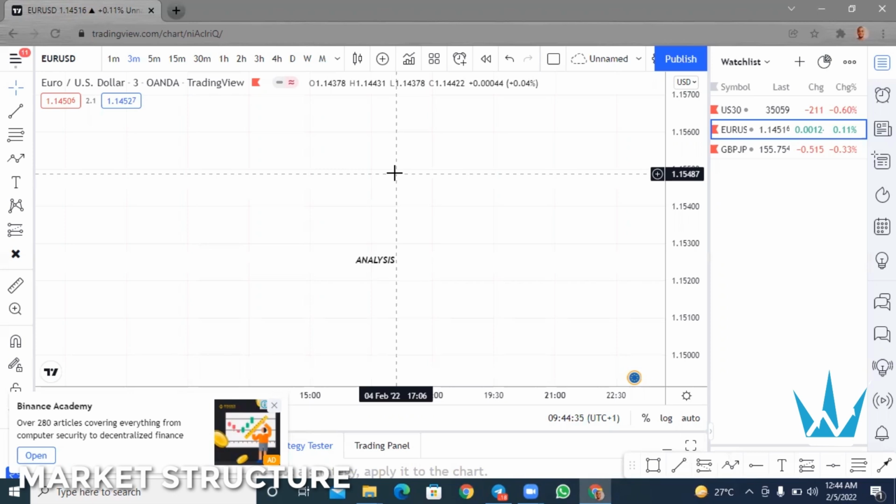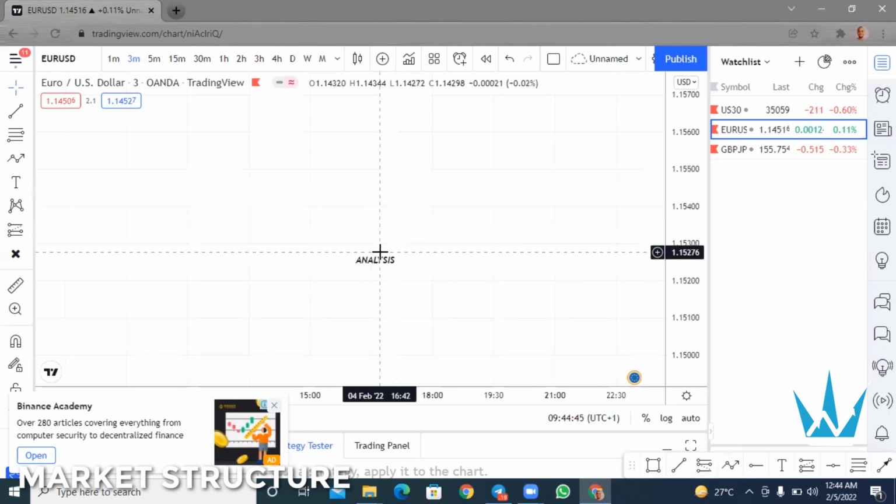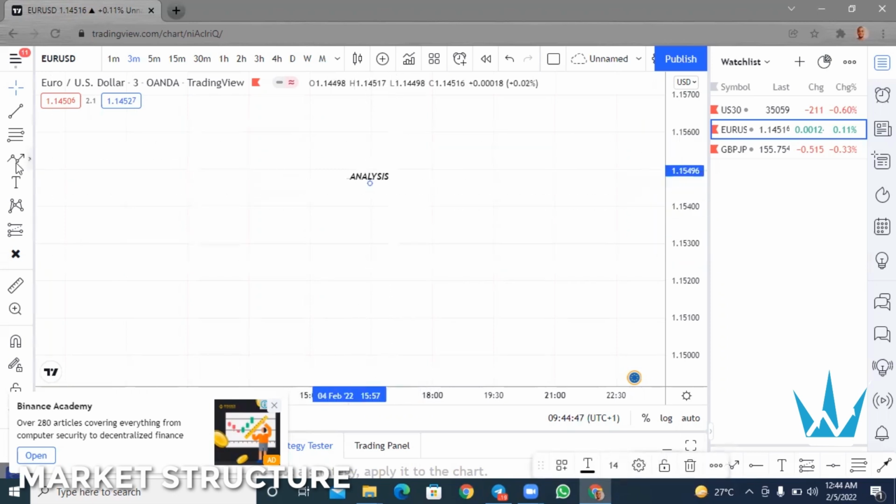And there are two types of analysis. We have the technical analysis and we have the fundamental analysis. The technical analysis is the act of using past history. So I'm going to highlight it here, technical analysis.